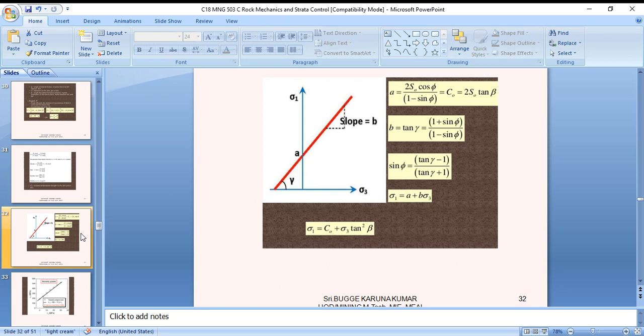Slope, this is a slope, and sigma 1 and sigma 3. These are the two: C0 equals 2C cos phi by 1 minus sin phi, tan squared beta equals 1 plus sin phi by 1 minus sin phi, equal to A plus B sigma 3.